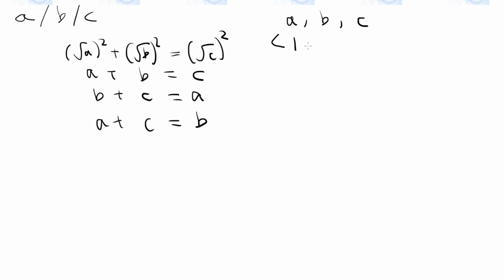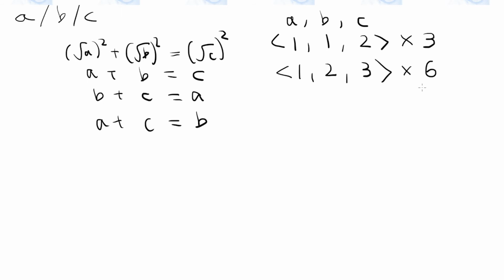when A and B are both 1, C is 2. And there are 3 permutations of these 3 values. That is 1, 1, 2, 1, 2, 1 and 2, 1, 1. Next, 1, 2, 3.